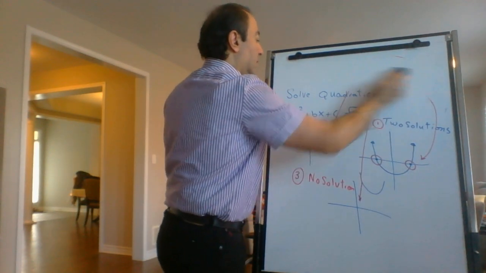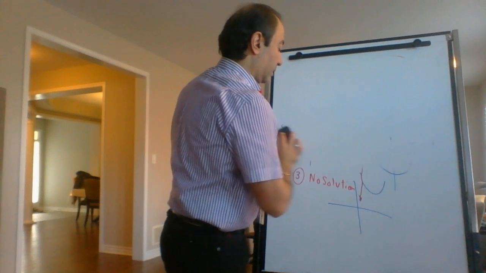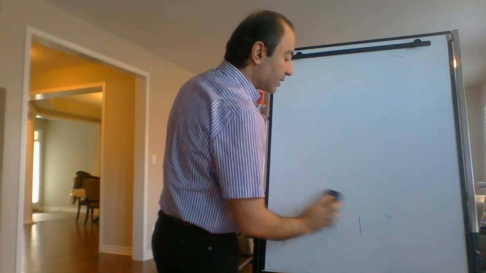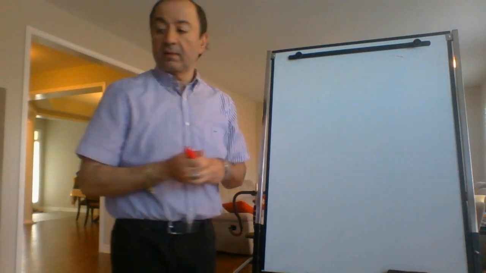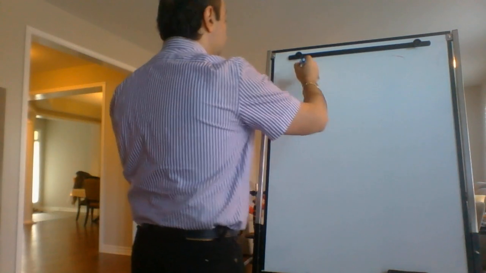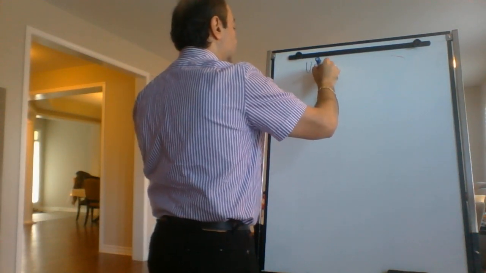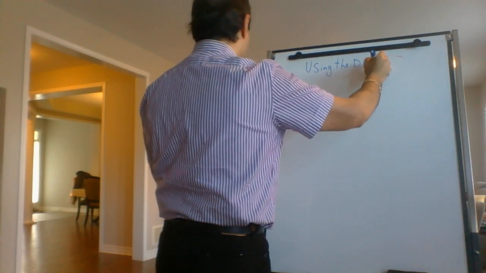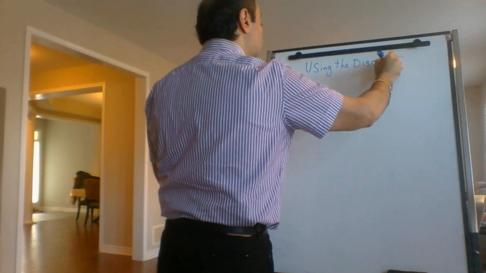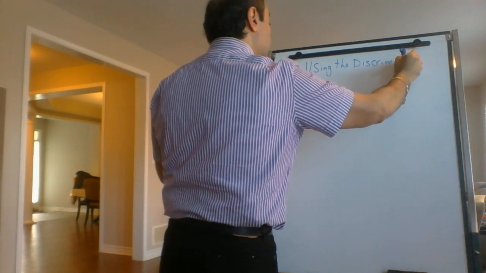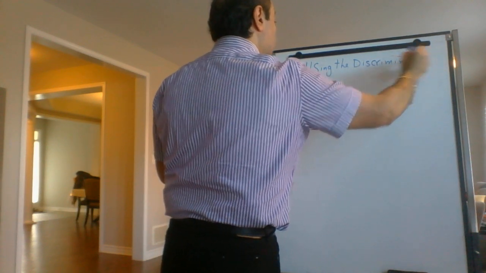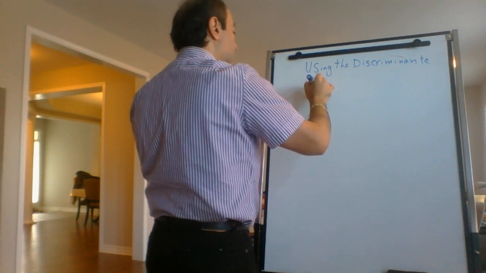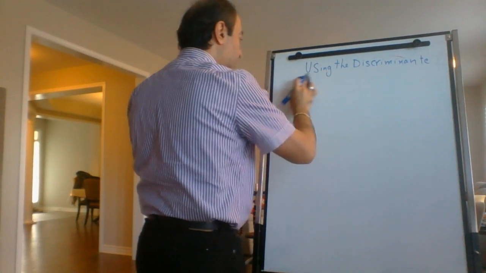So this term, b squared minus 4ac, we call it the discriminant. So our today's lesson is using the discriminant, and I will write what it is.